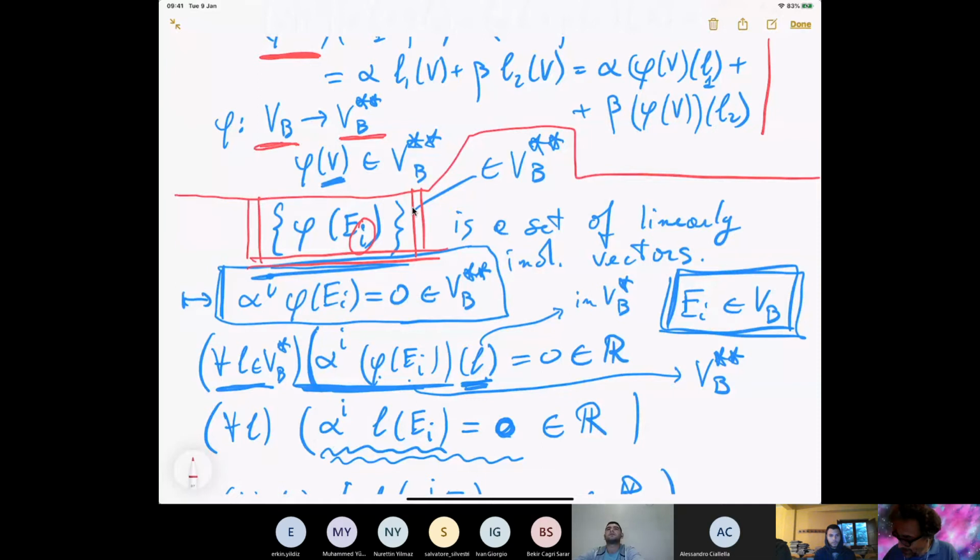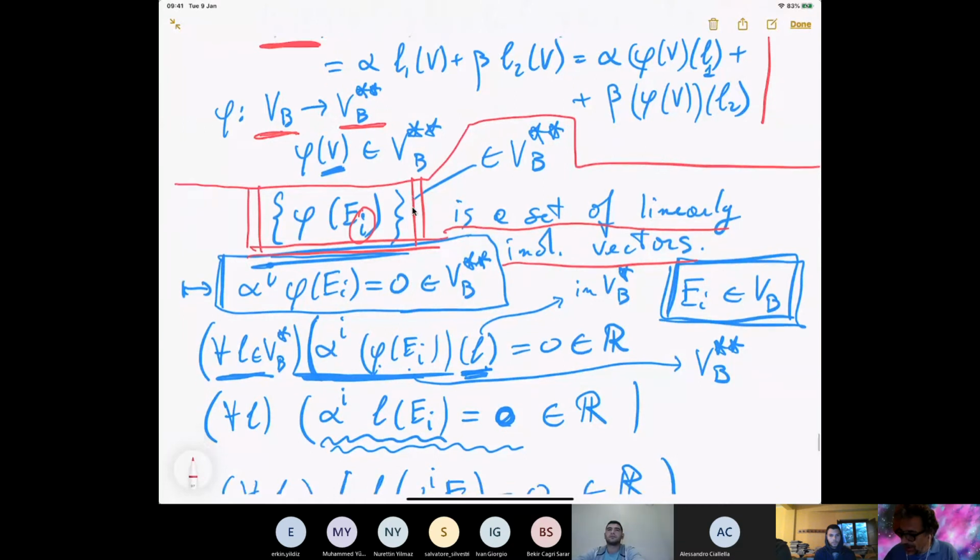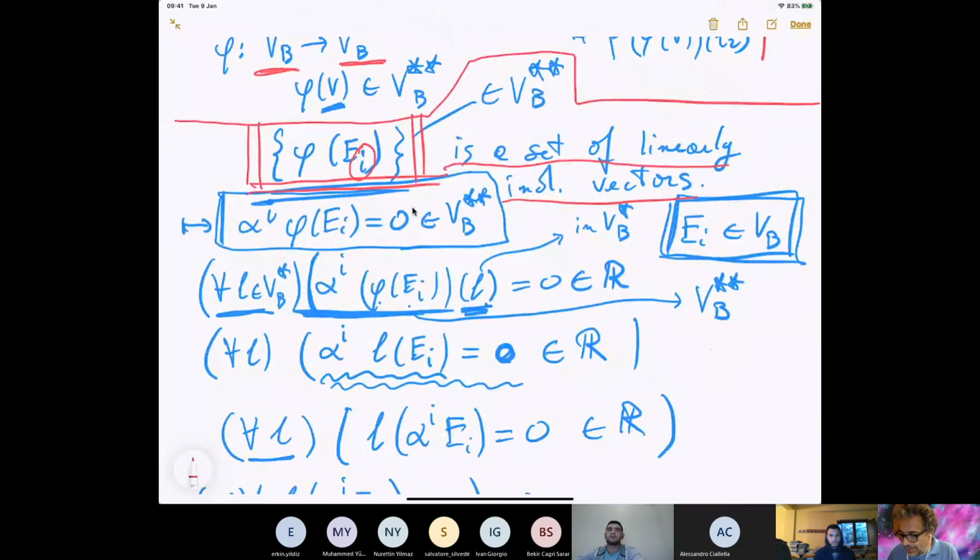So it is a set of linearly independent vectors. By definition, a set of linearly independent vectors is something such that every linear combination leading to the vector 0 is possible only when the coefficients are all 0.